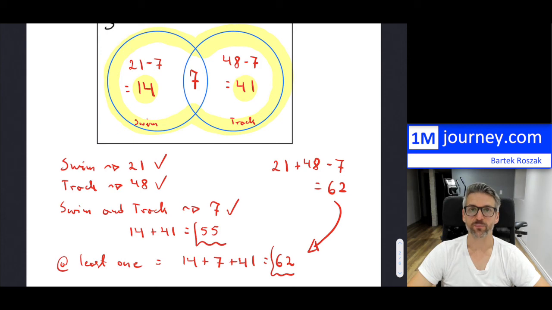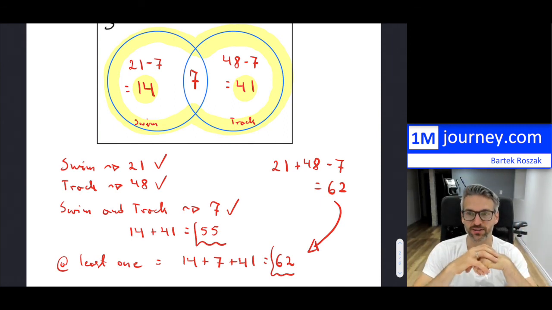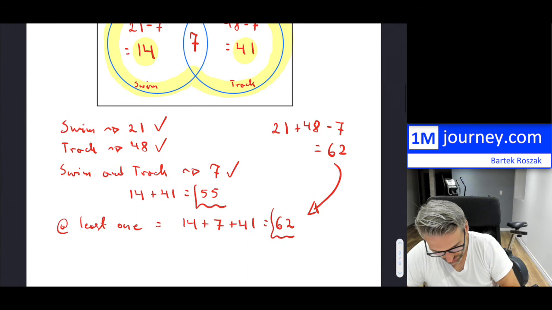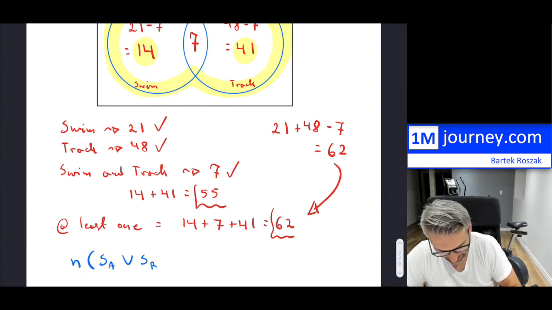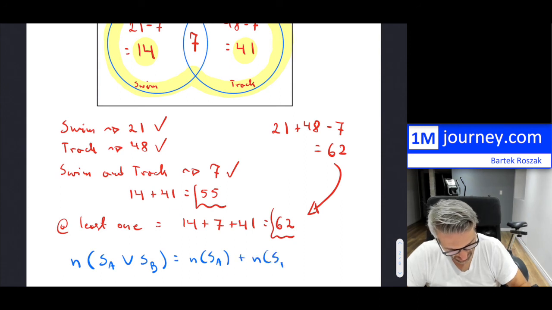Now, in general, if someone gives you the total for one set, the total for the other set, and the total for the intersection, then the total number in the union, set A union set B, is simply the total number in A plus the total number in B, and because we have that intersection, we subtract whatever was intersected between the two sets.